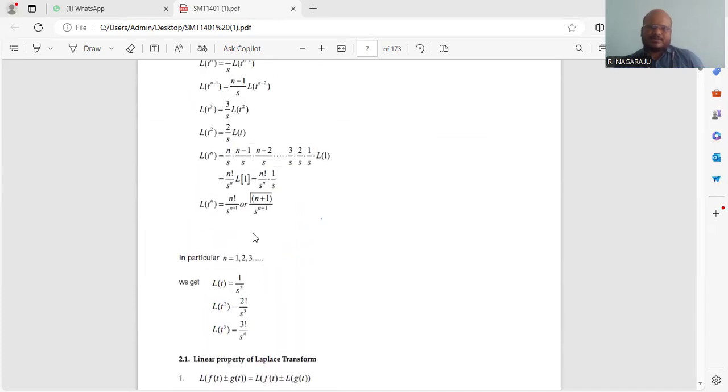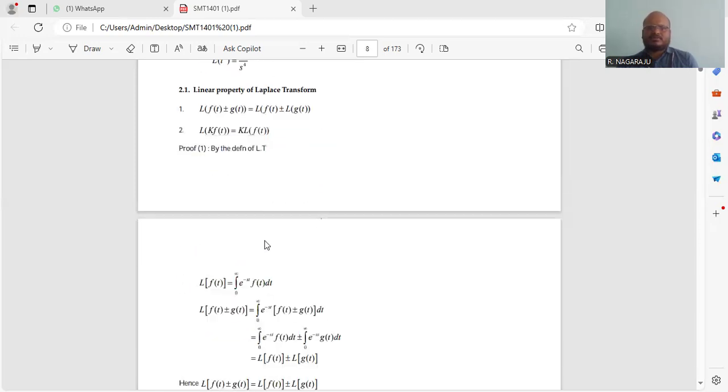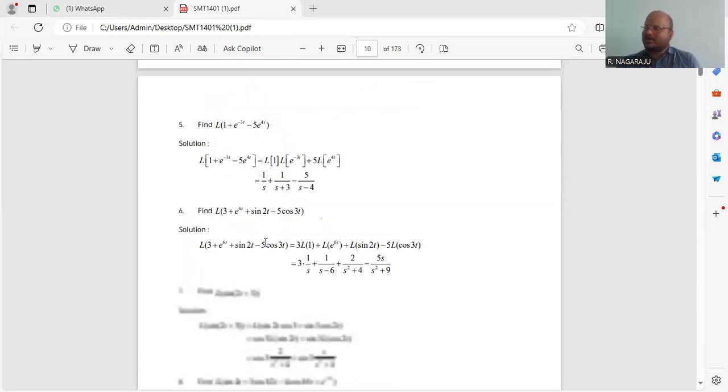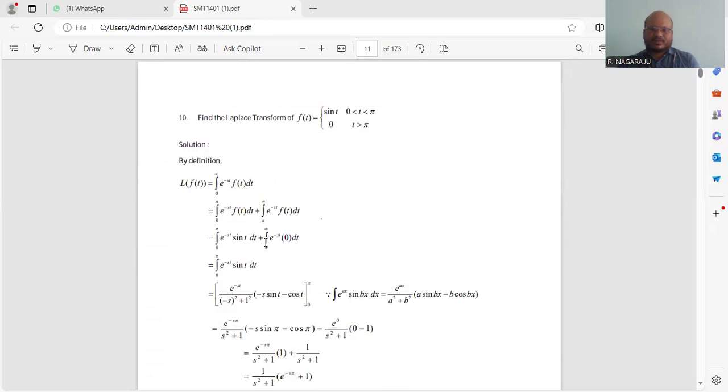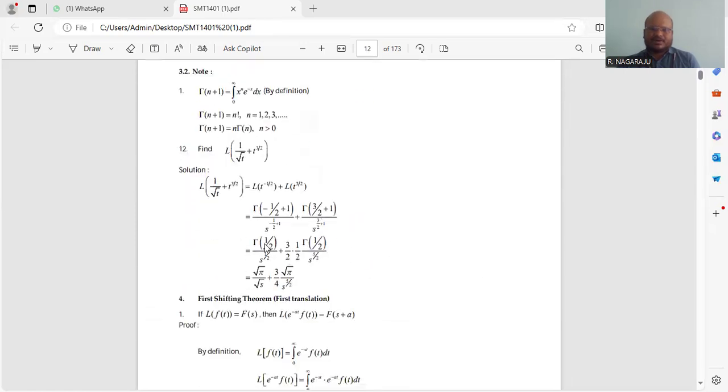So this is the form. If you're getting a fraction, gamma of n plus 1 by s power n plus 1. If it is a number, you can take n factorial by s power n plus 1. So here it is a fraction, in problem 12th one. So gamma of n plus 1 by s power n plus 1.